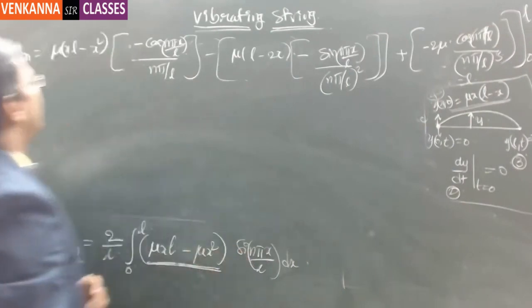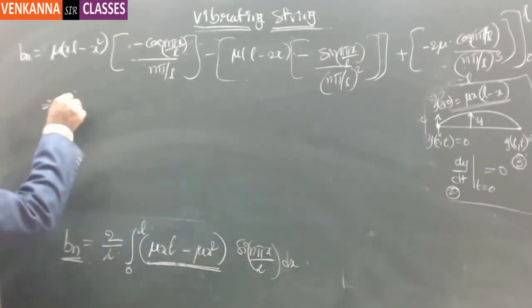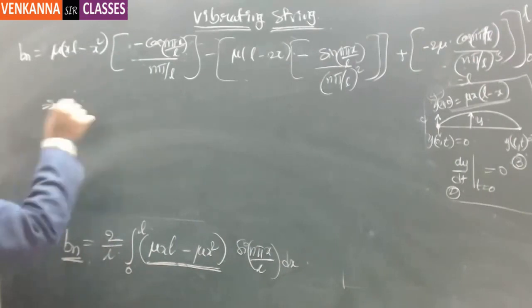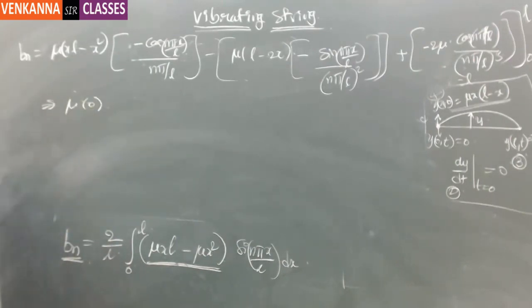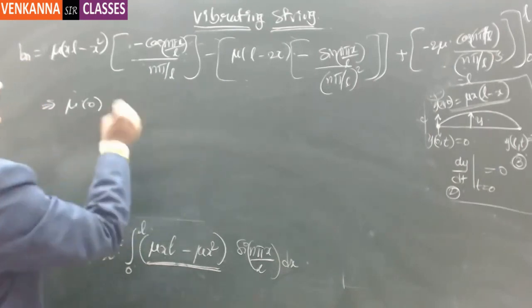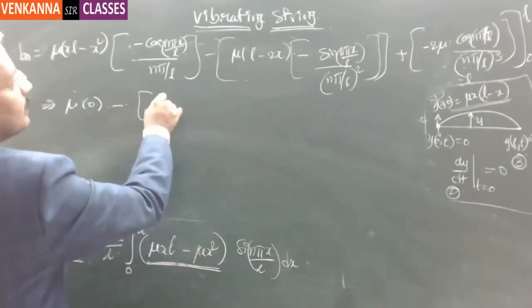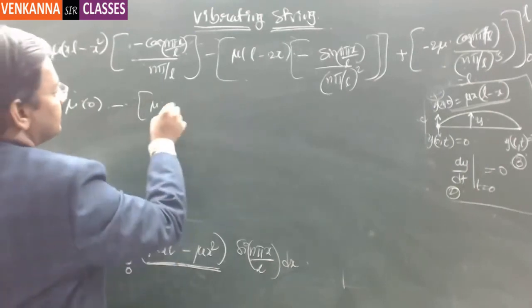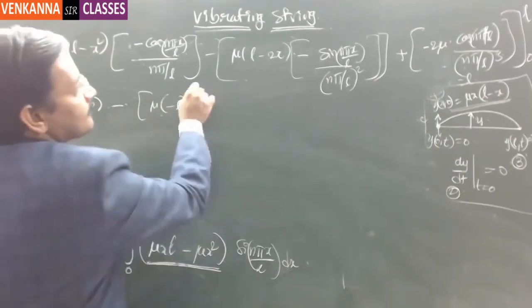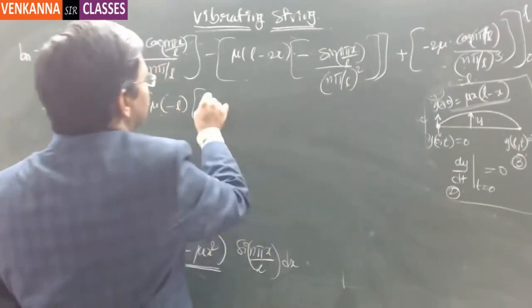Now if you substitute the upper limit, this is mu times L square minus L square, which is going to be 0. Then minus, mu times L minus 2L, so this is minus L, times sin n pi, which is going to be 0.